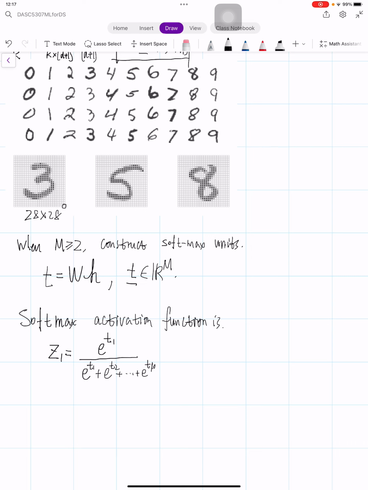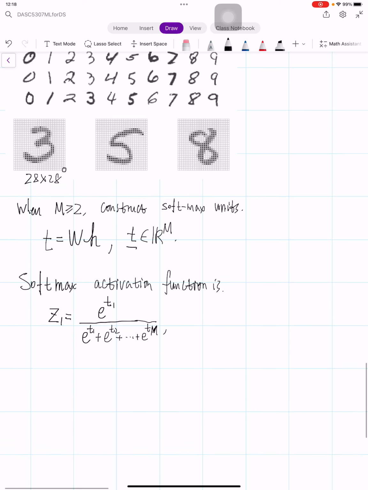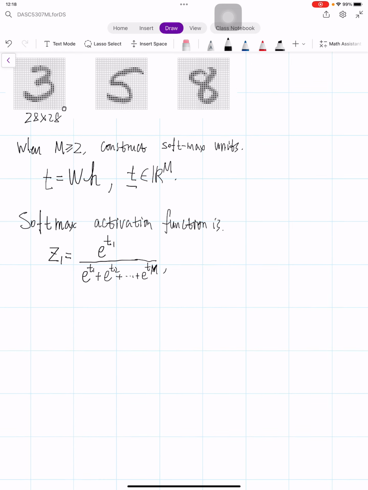In general, we have tm. We do the same operation for each class. In general, we get zi equals e to the power of the i-th component of this vector divided by the summation over j from 1 to m of e to the power tj.